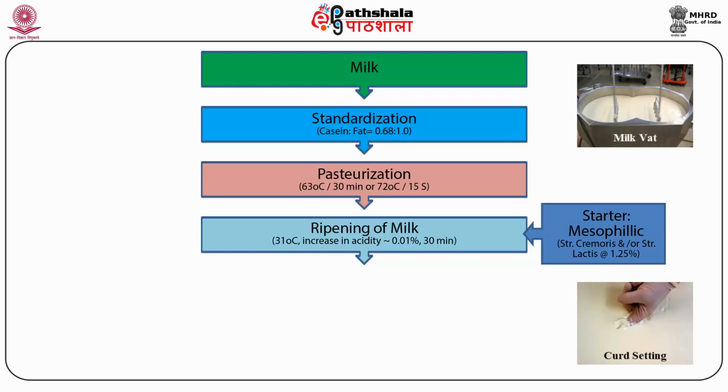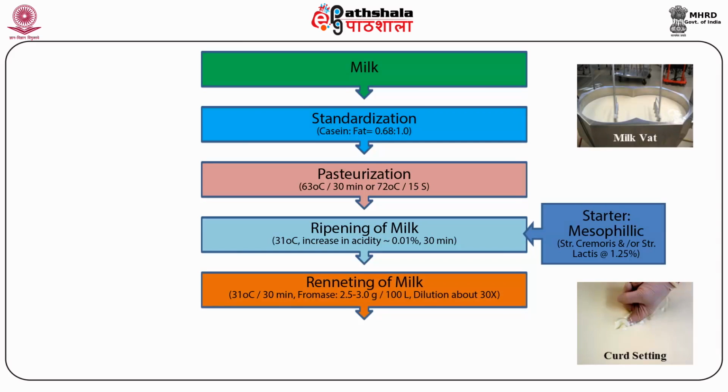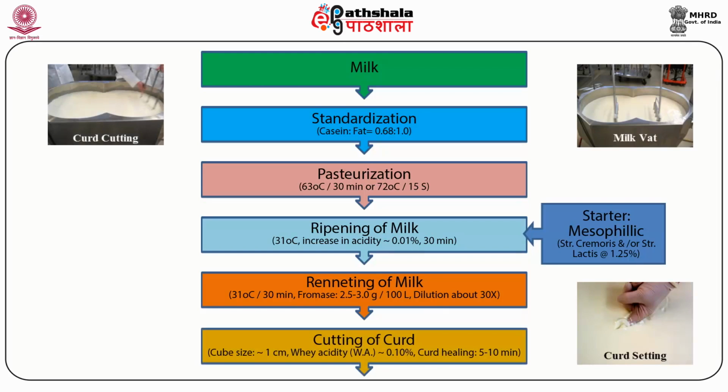Then it is renneted, or we can say it is curdled by any method. Then the curd is cut into small pieces to take out whey from it.